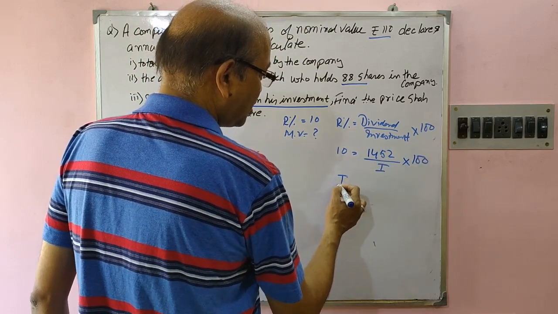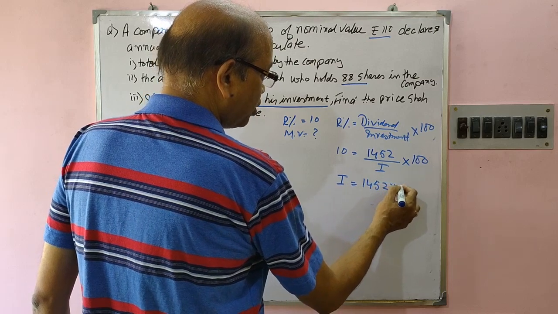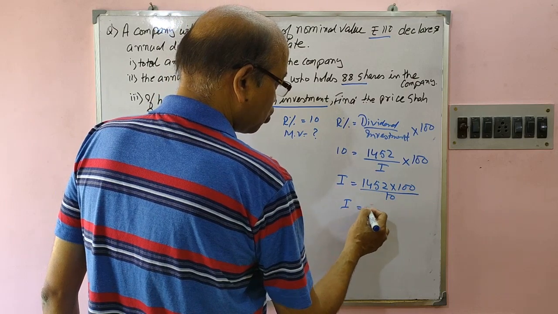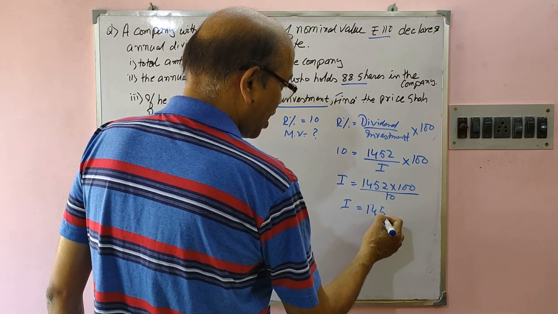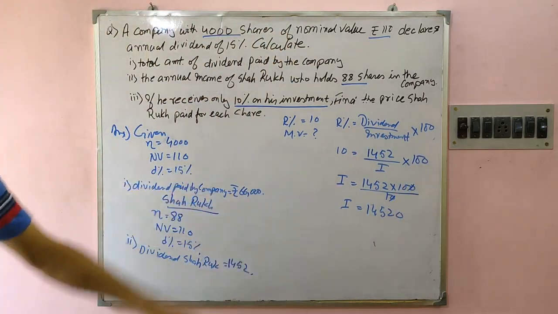Or I is equal to 1452 into 100 by 10. Therefore, investment is equal to 14520. Then investment is so much.